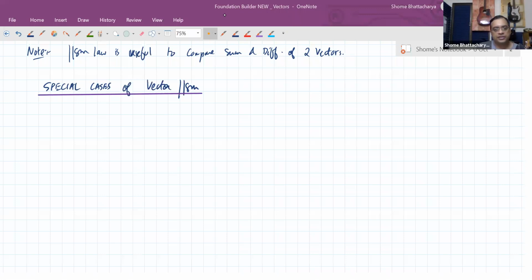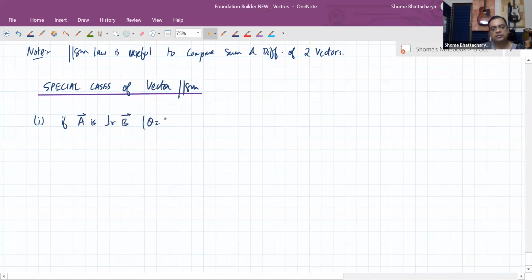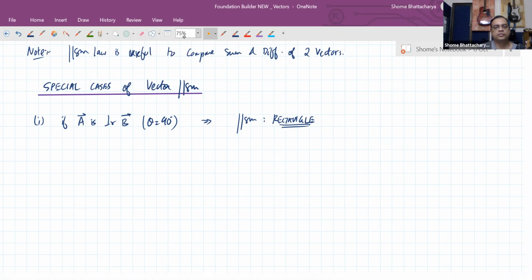So the first special case we'll see is that if vector A is perpendicular to vector B, or theta is equal to 90 degrees, you can see that the parallelogram becomes a rectangle. So the vector parallelogram now becomes a rectangle if the two vectors we are dealing with are perpendicular to each other.